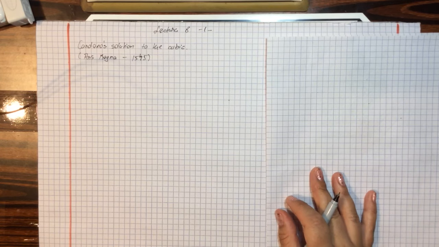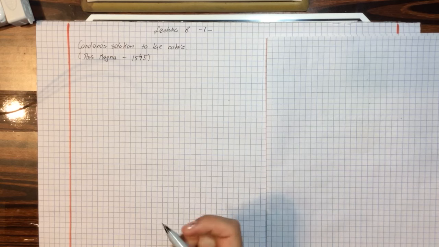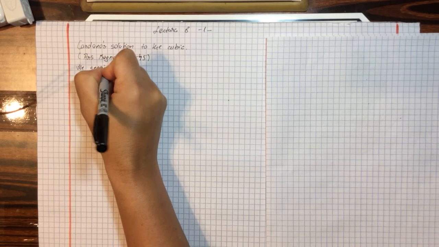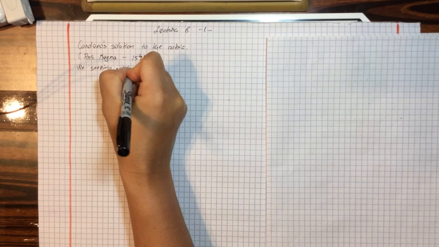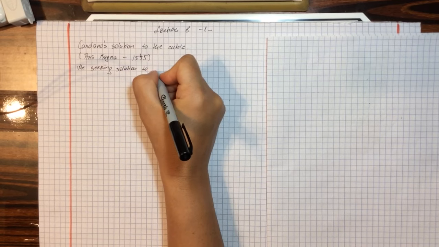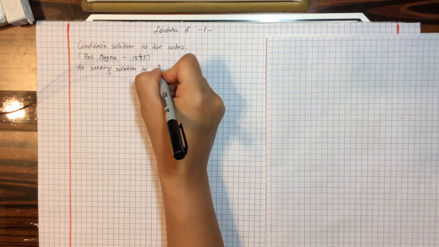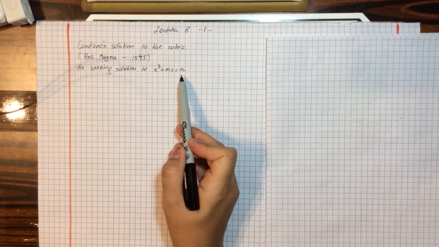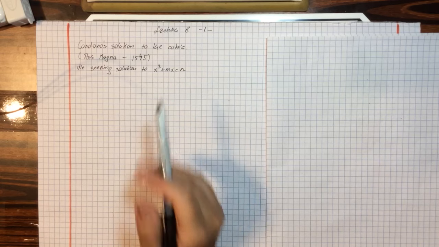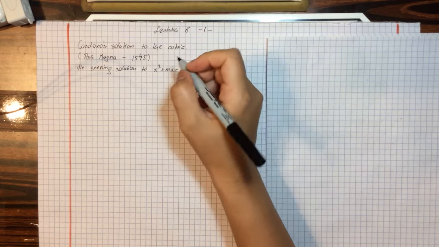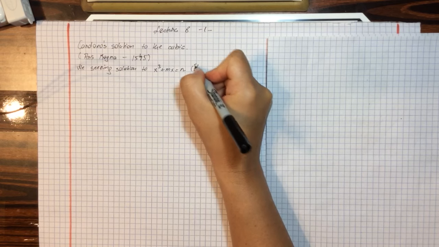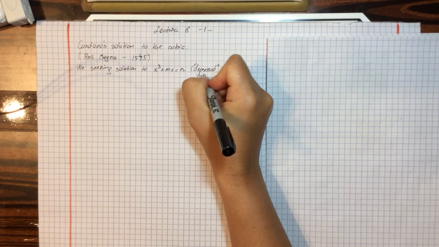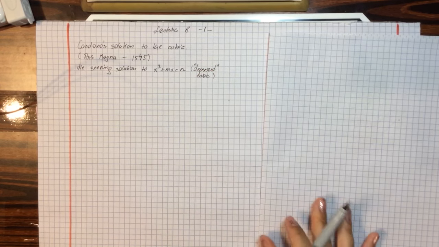Okay, so what do we mean by depressed cubic? We are seeking a solution to the following cubic equation, x to the third plus mx equals n, where m and n are some positive coefficients. So this is called a depressed cubic, because it is missing the quadratic term.